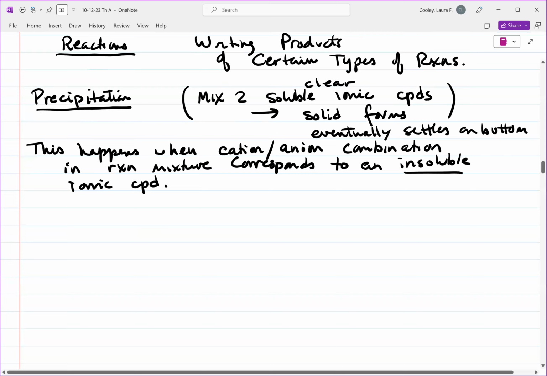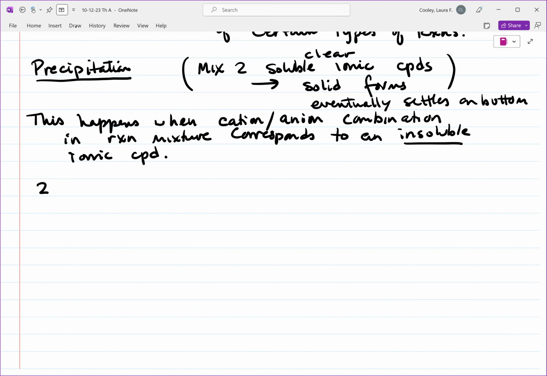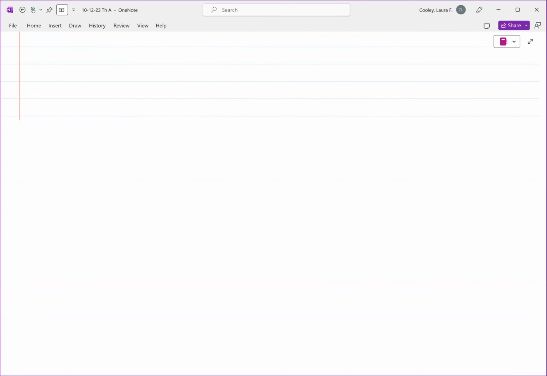And I'm going to show you what I mean by this, okay? So let's say you have two ionic compounds. You have lead nitrate and potassium iodide. So do we have the solubility chart?